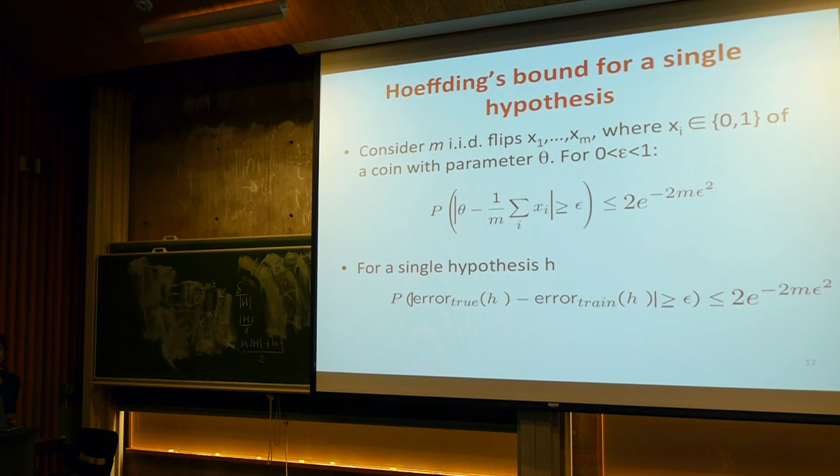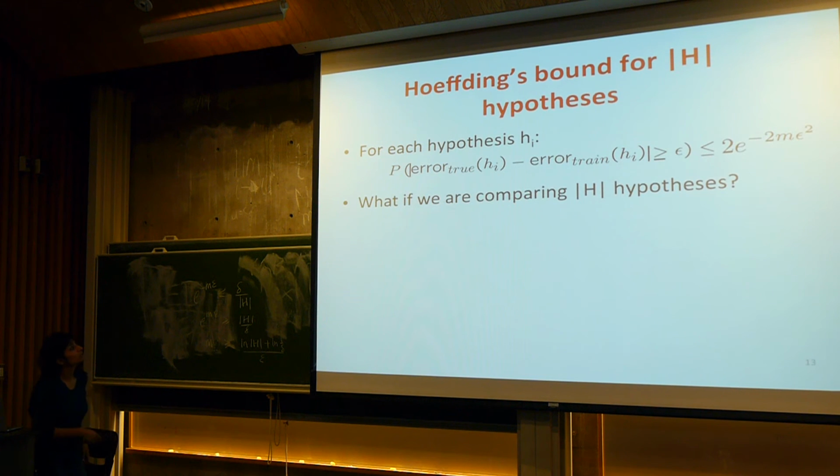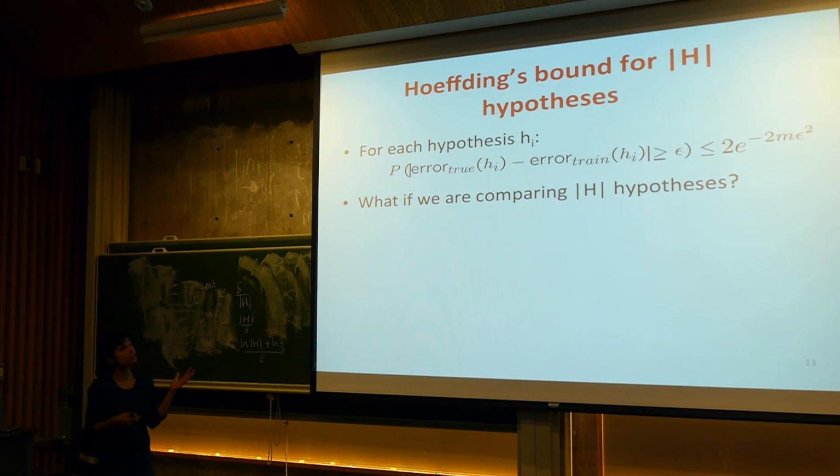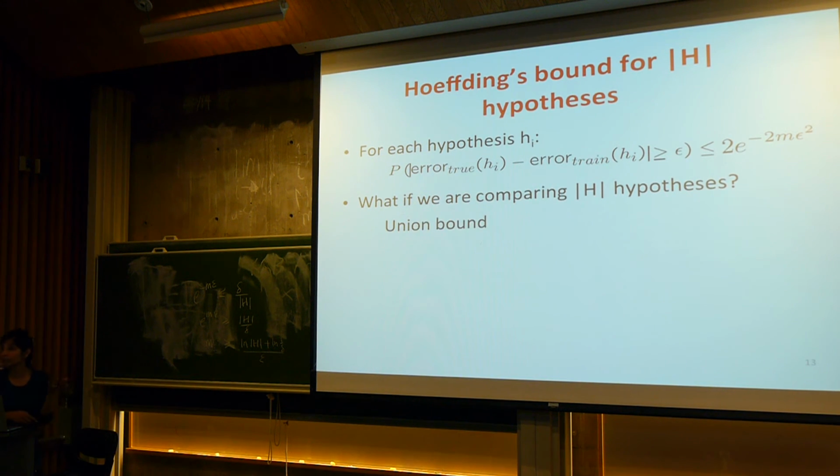Again, we would like to make a guarantee not about a single hypothesis, but about a learner that picks from a class. So if we are picking from |H| hypotheses, then for each hypothesis we have a bound like this. We want to give a performance guarantee on the learner, so we do something similar. We use our union bound technique.